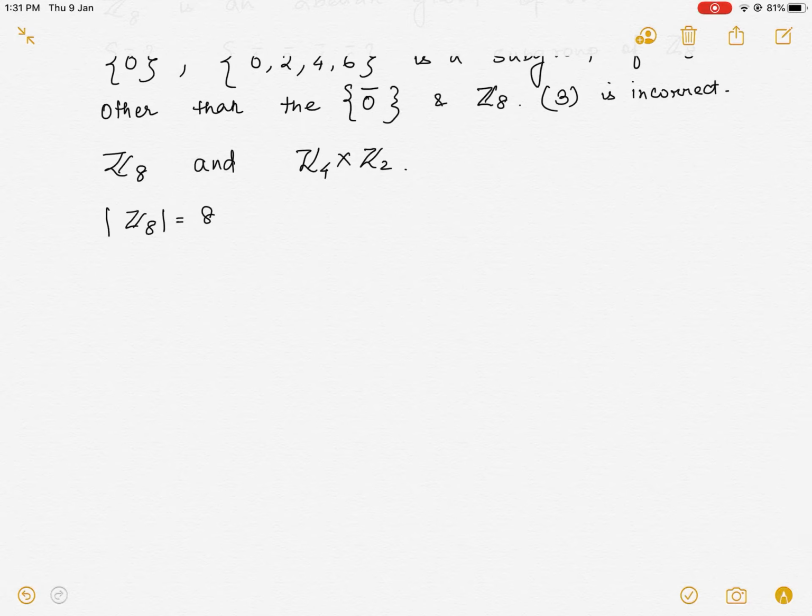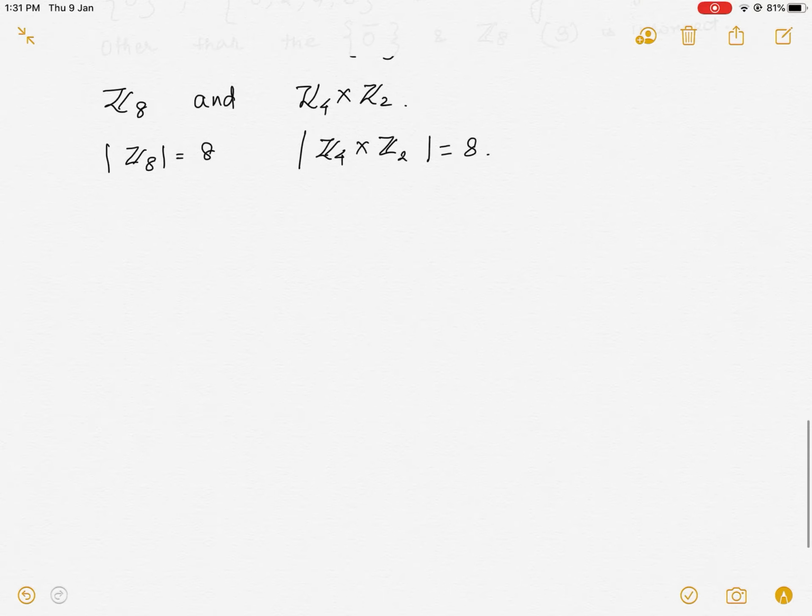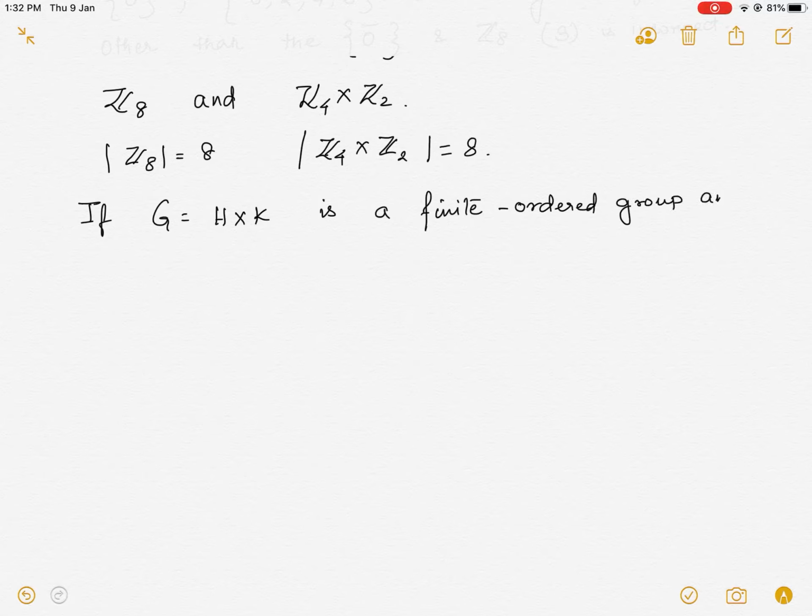Now we know that if G is equal to H cross K, a finite group, then G is cyclic if and only if the GCD of the order of H and the order of K is equal to 1.